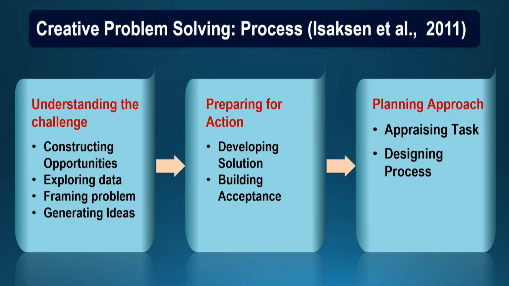It is more or less the action plan which needs to be prepared to implement the idea. Then the procedure: how one would go, what will be the first step, next step, third step, and so on. So, the process is chalked out to implement the idea.